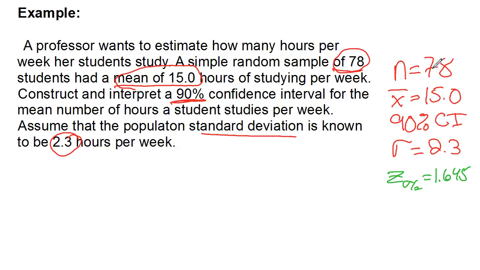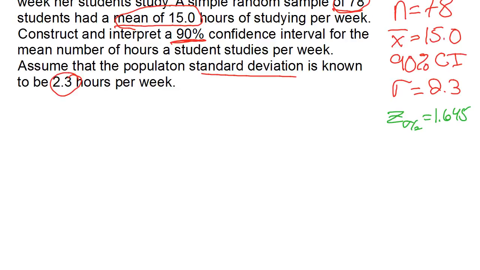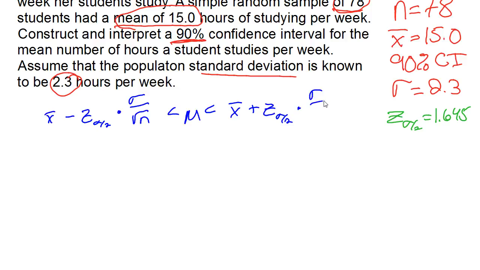Now that we know this information, we can calculate our confidence interval, because it's going to be x bar minus z alpha divided by 2 times sigma divided by the square root of n less than the population mean less than x bar plus z alpha divided by 2 times sigma divided by the square root of n.